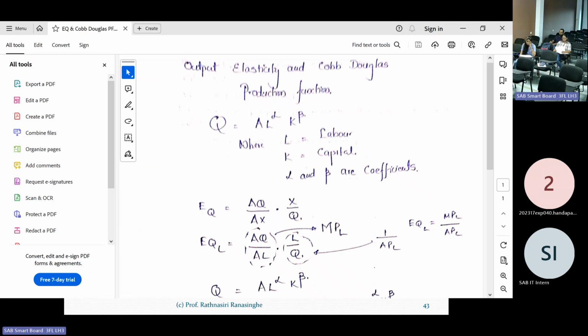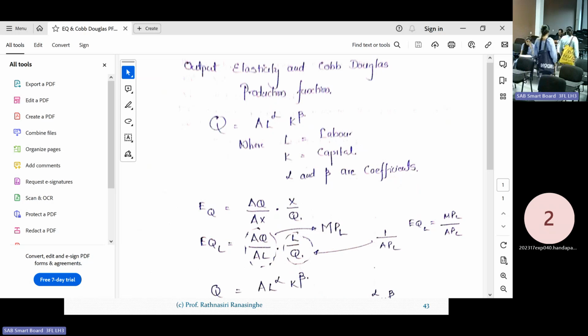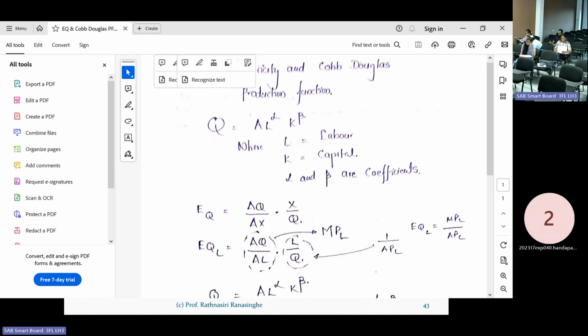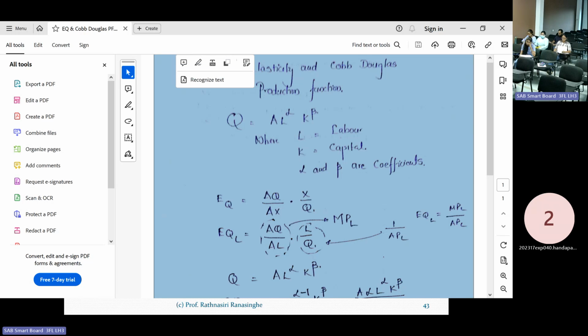So that means 1 over the average productivity of labor, because here it's L over Q, not Q over L. So that is the reciprocal of the average productivity of labor. In the output elasticity, you can identify all these things.